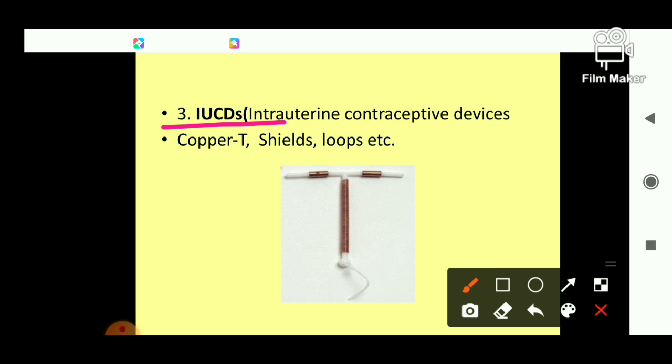The other intrauterine contraceptive devices are loops and shields, spiral springs also, and these can be placed for a long period, approximately up to 5 years. The drawbacks associated with these devices are bleeding and discomfort. IUCDs may come out even without the woman's knowledge.